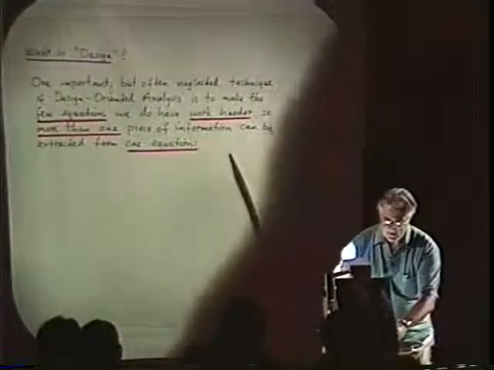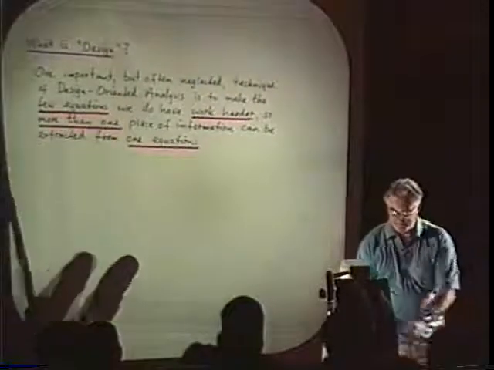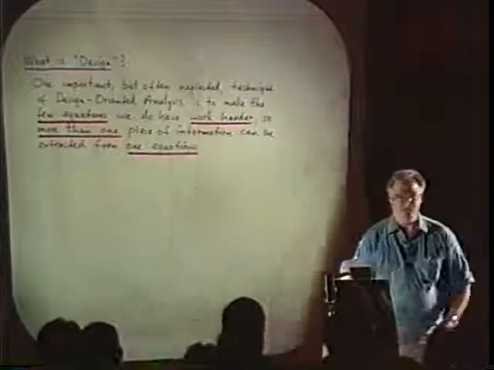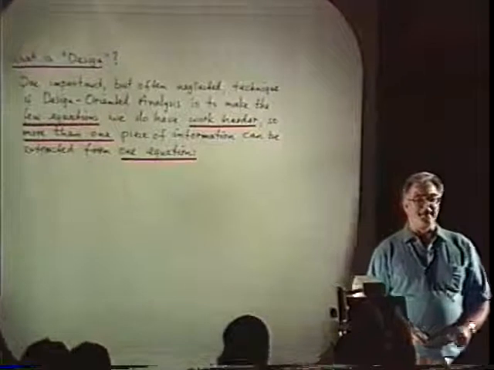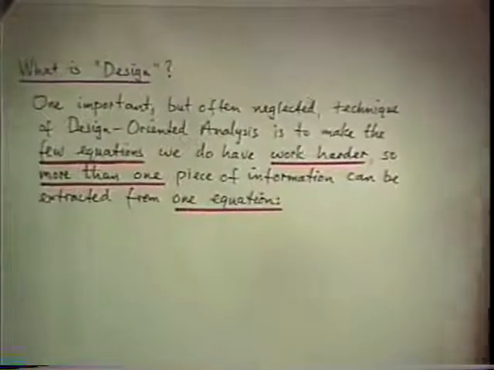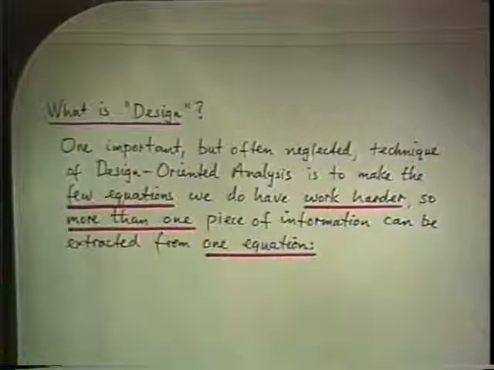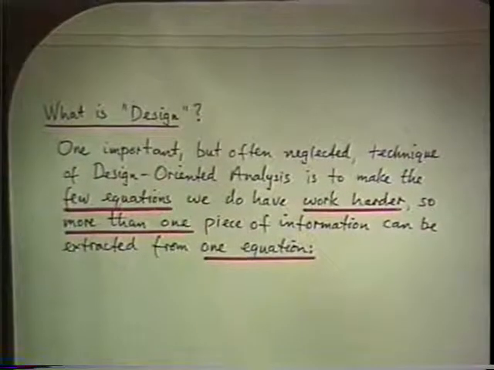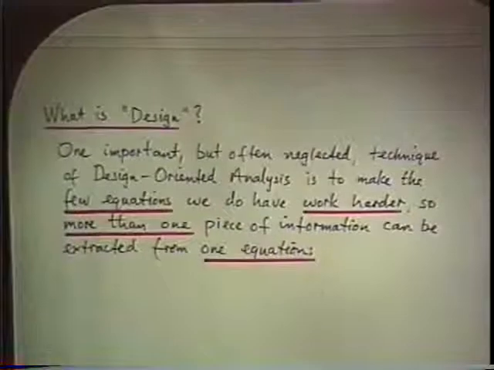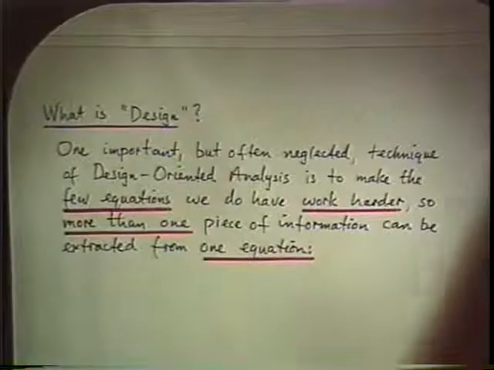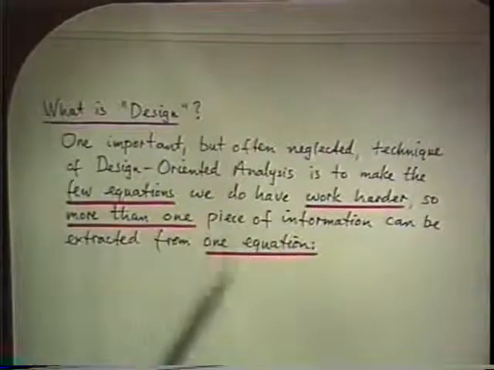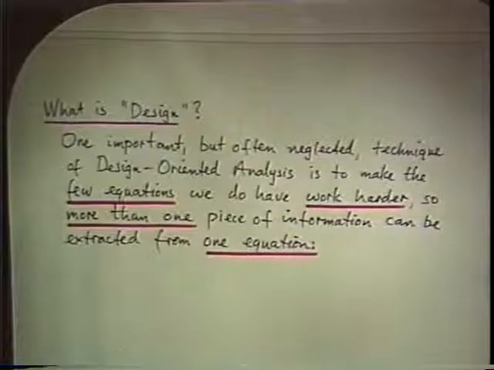we do have a few equations. And what we need to do is extract the maximum value out of those few that we do have by making each equation work harder. Now again, the mathematicians have told us, don't bother looking. One equation, one piece of information.